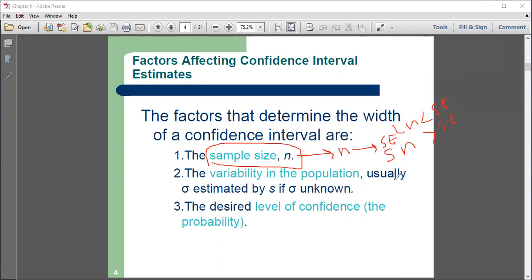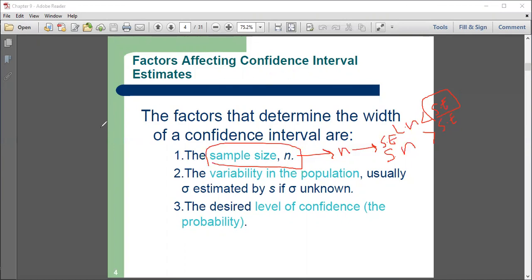The second factor is the variability in the population, usually sigma, estimated by S if sigma is unknown. When we have a large population standard deviation, the standard error will be larger as well. If we have a smaller population standard deviation, the standard error will be small as well.